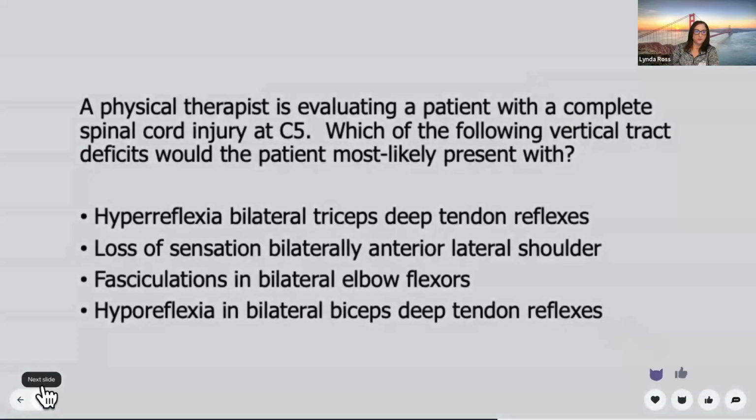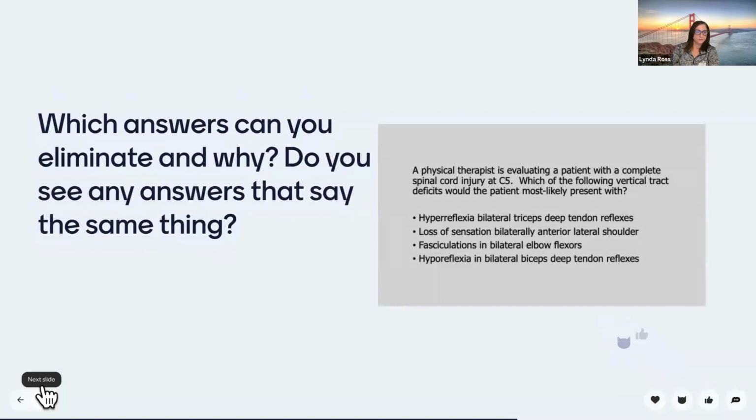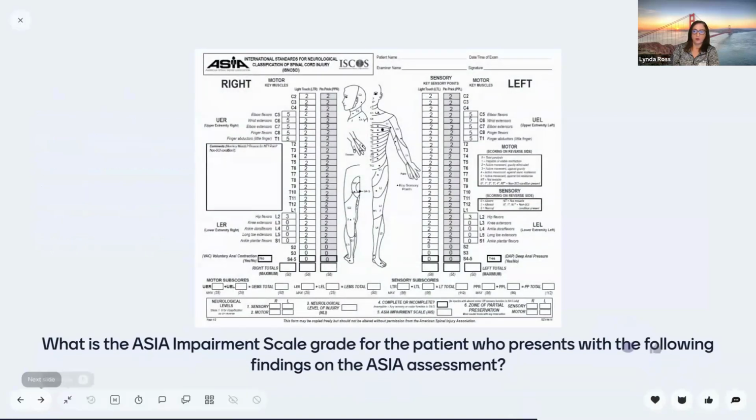There. A vertical tract lesion. All right, I'm going to give you a minute, 60 seconds, maybe a little bit more. This question is pretty easy to figure out what it's asking, right?